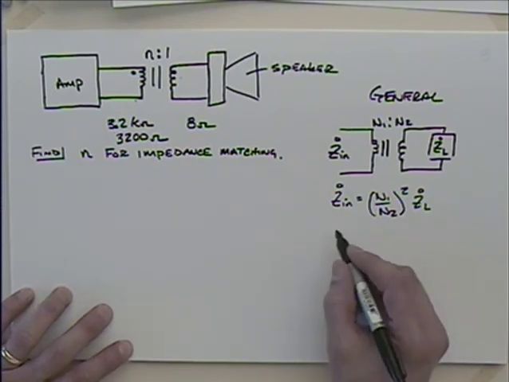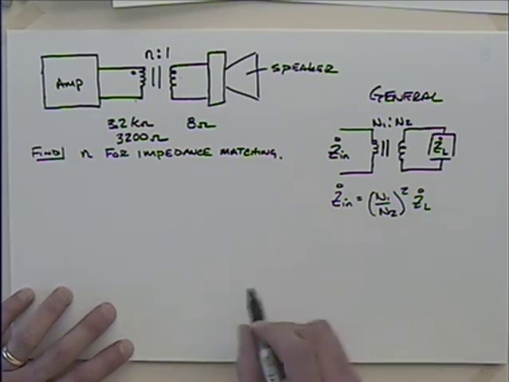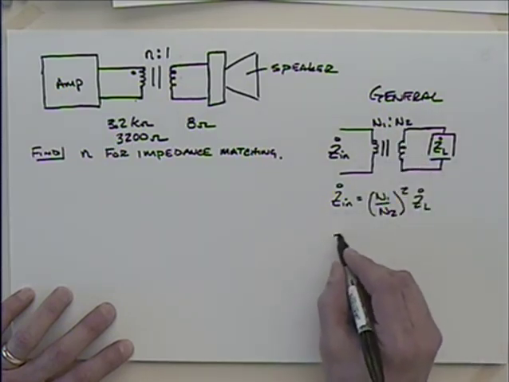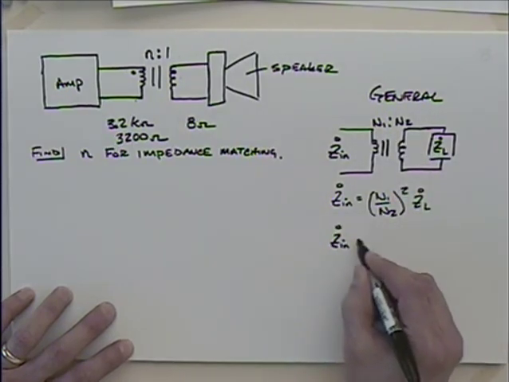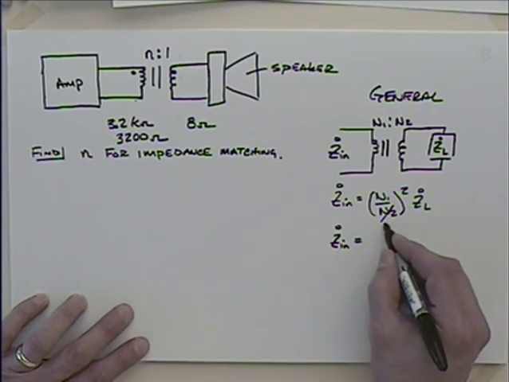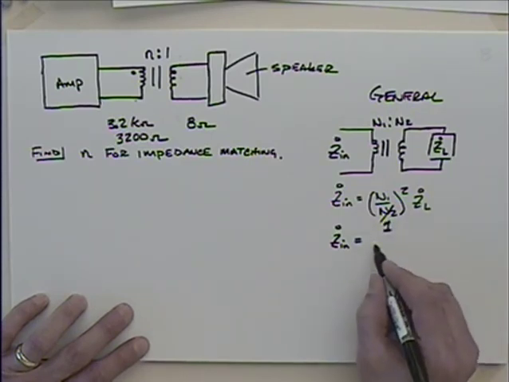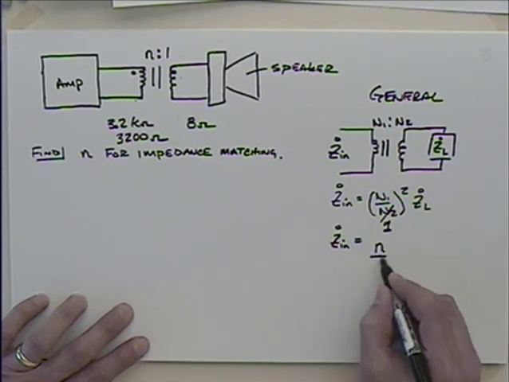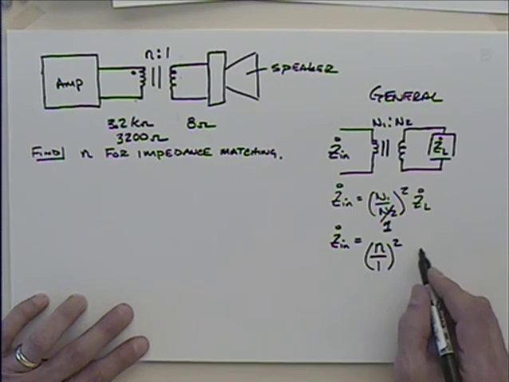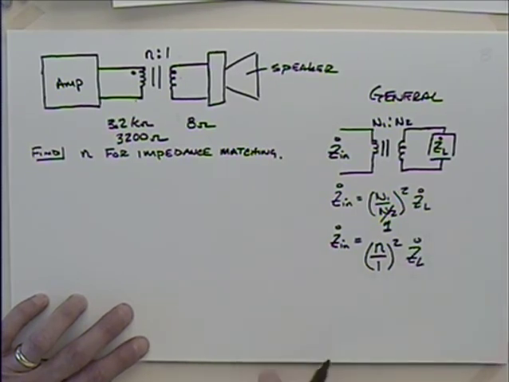So I could say that if this is 1 to N, then Zn is equal to, if I say N2 is 1, that's another good one, there's a 1, I have N to 1 squared times ZL, right?